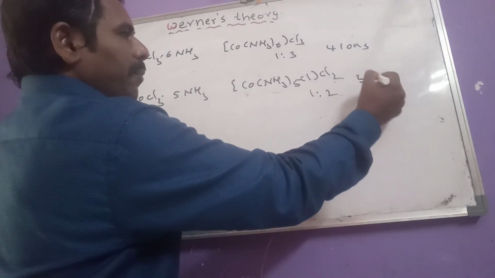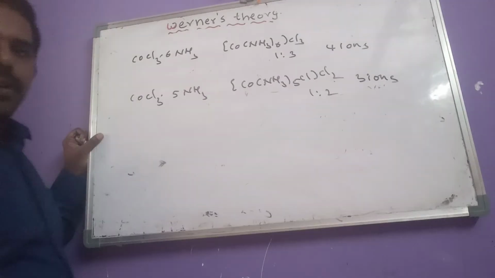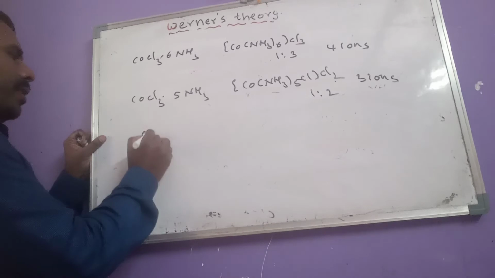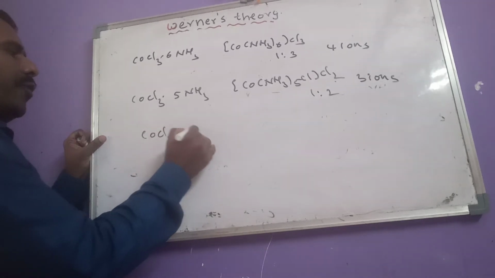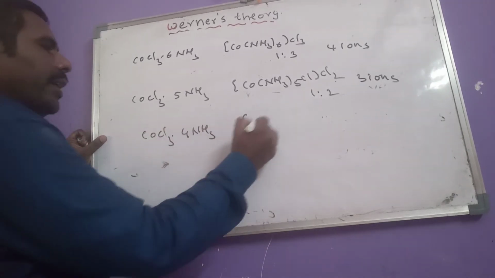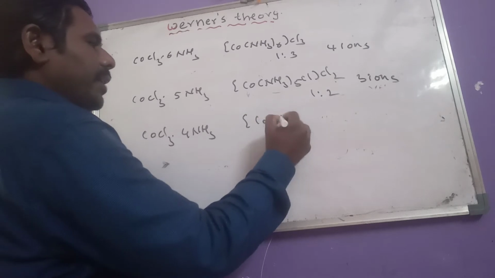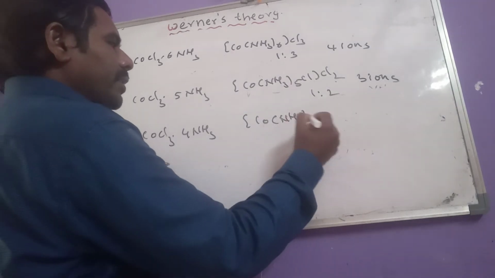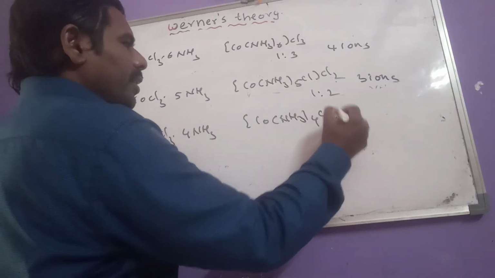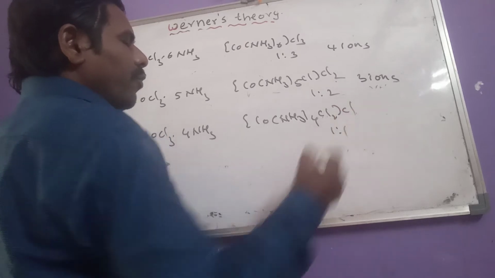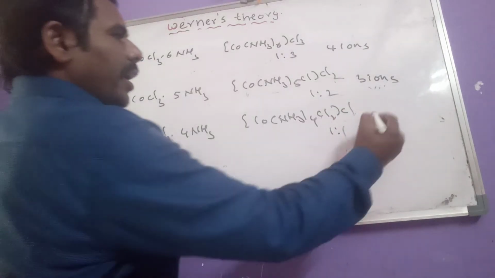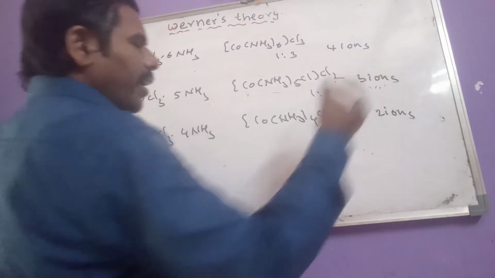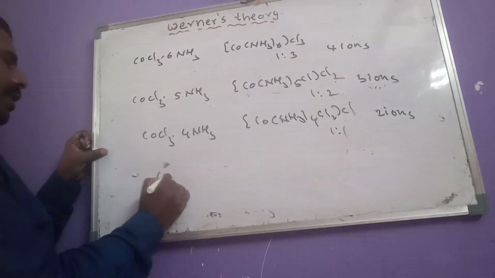So total number of ions produced: how many? 3 ions. CoCl3.4NH3. Its formula can be written as [Co(NH3)4Cl2]Cl. It is a 1:1 type of electrolyte. Total 2 ions one can get.